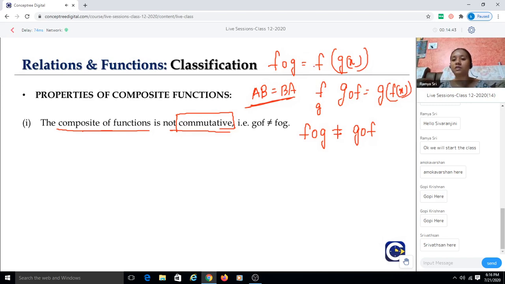So f of g means substituting g of x in f of x, and GOF is substituting f of x in the function g of x. So obviously they are not equal, which means our GOF is not equal to FOG, which states that the composition of functions is not commutative, right? So this is our first and important property of composite functions, which states that the composition of functions is not commutative.